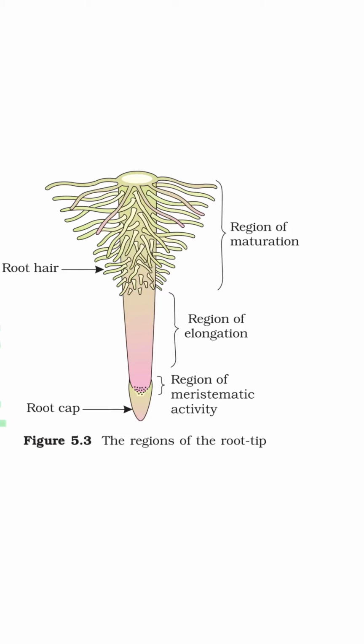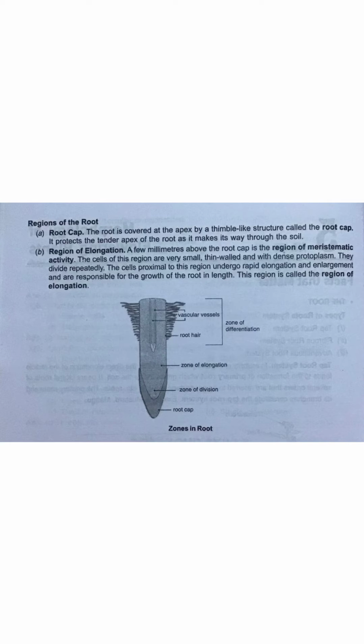And what is the function of root hairs? These root hairs absorb water and minerals from the soil. This is a totally new topic, and you are supposed to draw the diagram in your classwork, and write all these points in classwork point-wise. In the diagram also I have shown you the 4 regions.